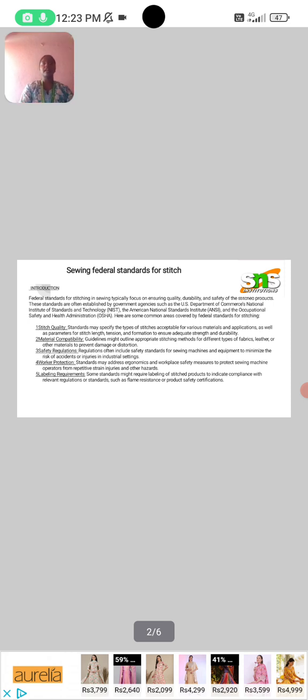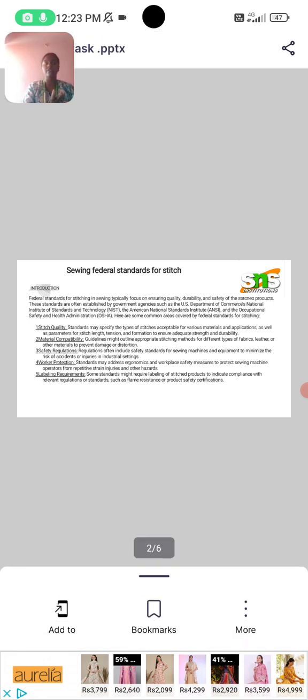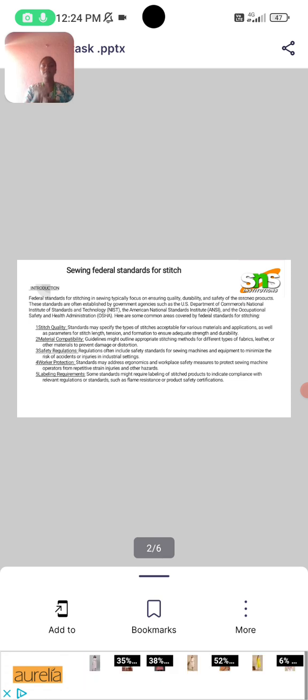Also the American National Standards Institute and the Occupational Safety and Health Administration. They have given many points: stitch quality, material compatibility, safety regulations, worker protection, labeling requirements.